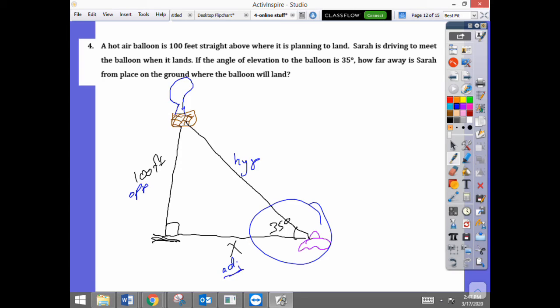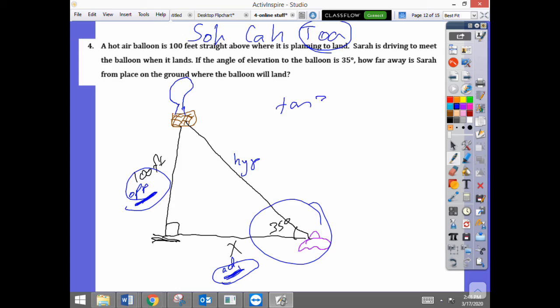Always label those. I think it really helps to see where those are at. What I'm doing is I'm looking for an adjacent, and I have an opposite. So if we write it up here, SOHCAHTOA, which one uses adjacent and opposite? If you said tangent, you're right. So we have the tangent of that angle, which is 35 degrees, equals, and this is opposite, so 100 over the adjacent.